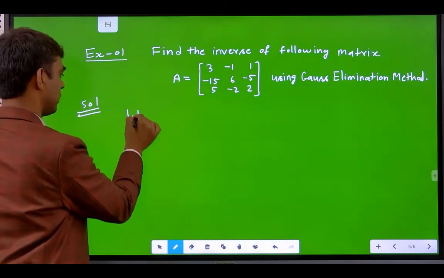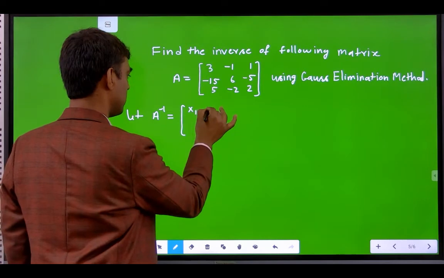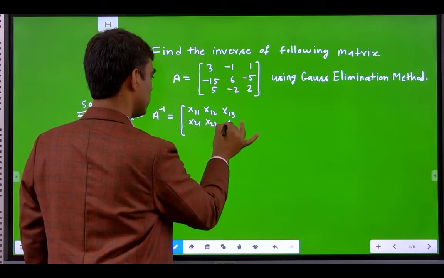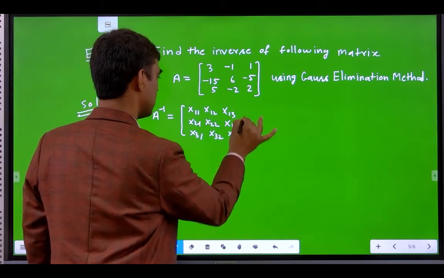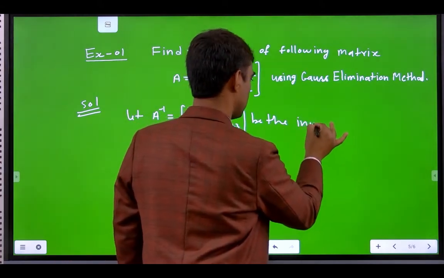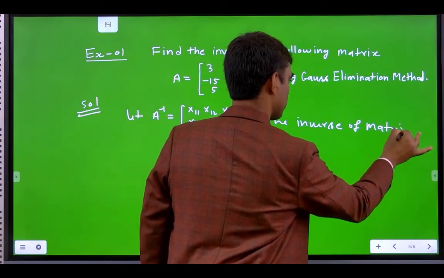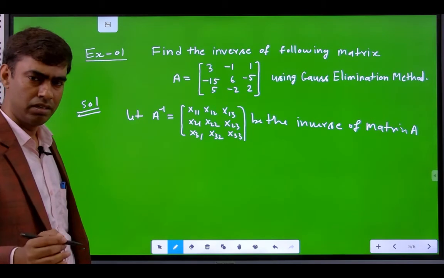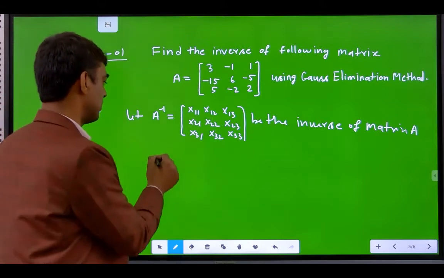Let A inverse equal [x11, x12, x13; x21, x22, x23; x31, x32, x33], the inverse of matrix A. Then we know that A into A inverse equals what? A into A inverse equals the identity matrix.